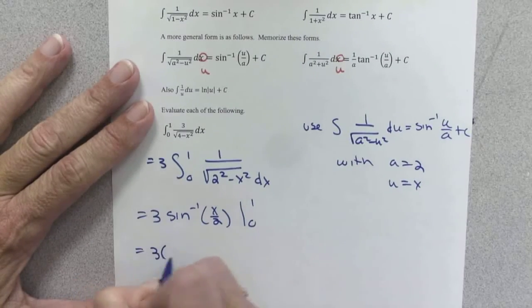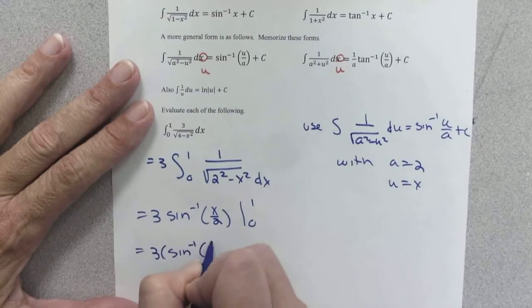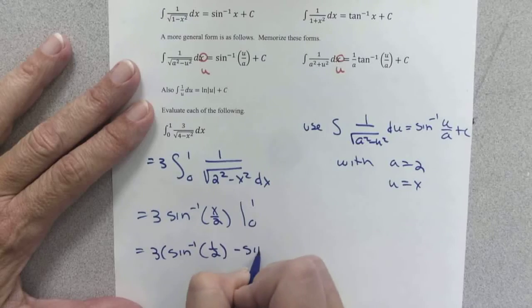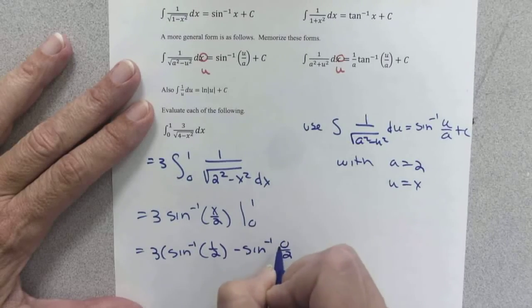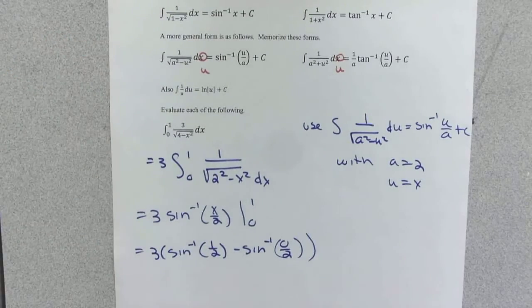And now we do the evaluation. Plug in the upper limit, plug in the lower limit, and subtract. Again, plugging the 1 into the sine inverse and plugging the 0 into the sine inverse separately. You plug in the upper limit totally by itself, you plug in the lower limit totally by itself.